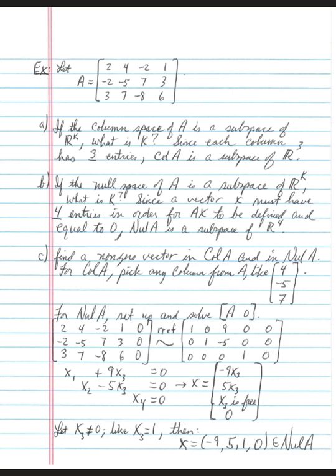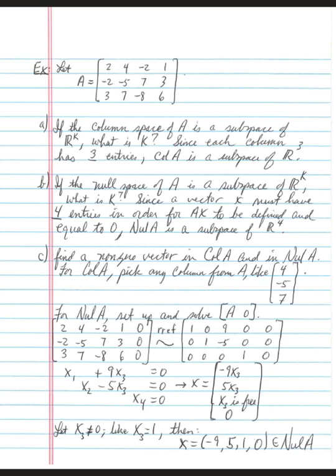Okay, let's look at another example. This is a compare and contrast for null space and column space. Let's let A be a matrix. This one's a 3 by 4, 3 rows, 4 columns. Part A, if the column space of A is a subspace of RK, what is K?